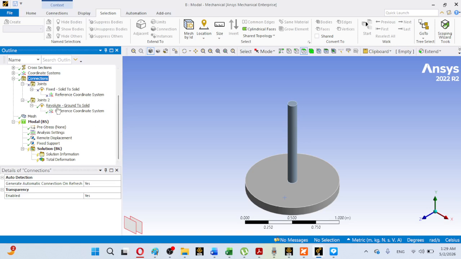In this way that joint will become available, and that green tick mark will be done. The important thing here is that you must make this previous fixed joint suppressed, means that joint must be suppressed or deleted.